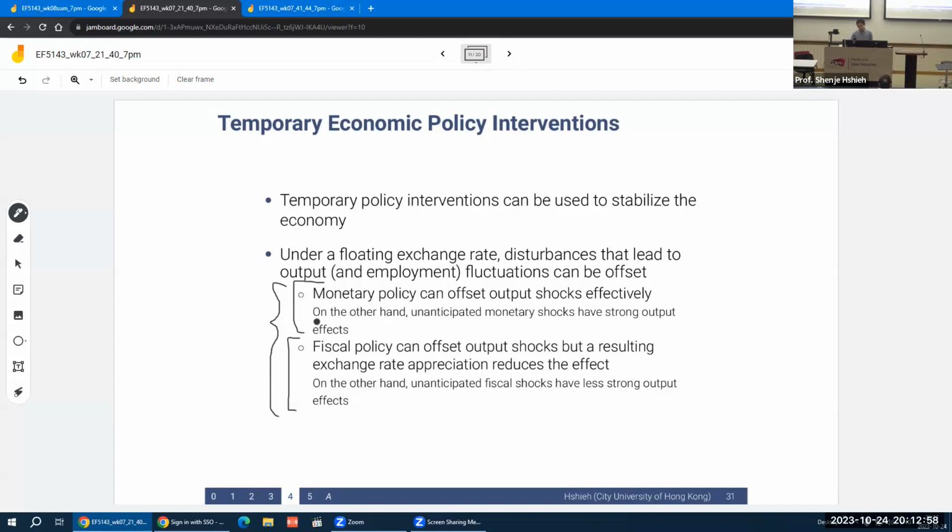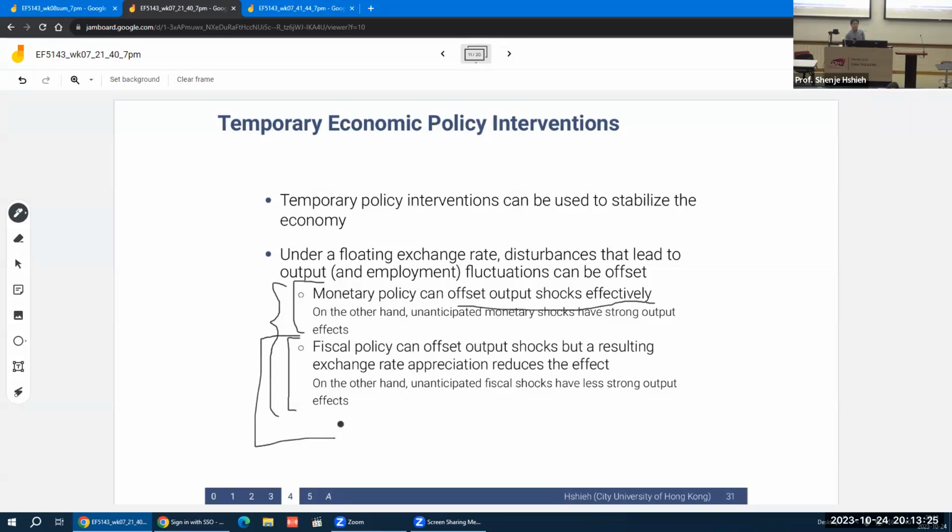So assuming that you can time everything correctly, we kind of assume that in the UIP equation, right? Assuming you can time things well, then monetary policy can offset output shocks fairly effectively. And the reason is that the direction of Q is the same direction as you wanted to make your exports more competitive. For fiscal policy, it's a bit of a mixed bag.